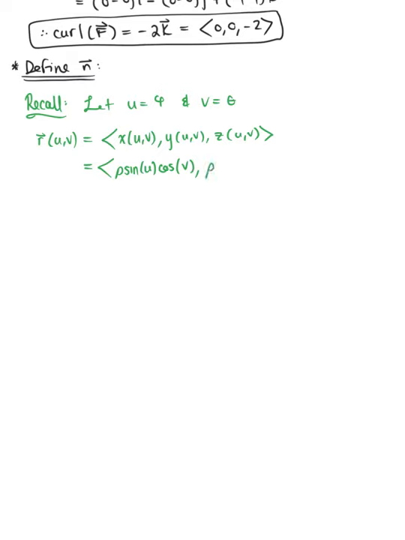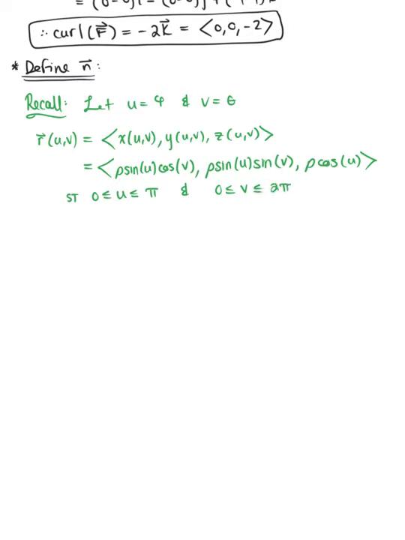The parameterized y component will be rho times sine of u sine of v. And the parameterized z component will be rho cosine of u. And this, of course, is such that u is greater than or equal to 0, less than or equal to pi, and v is greater than or equal to 0, less than or equal to 2 pi.